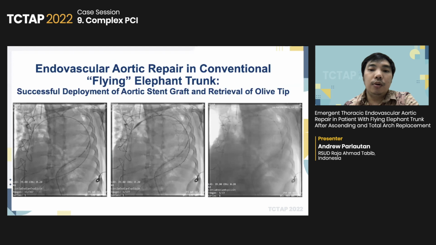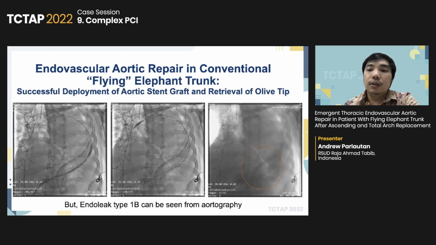After that, we deployed the aortic stent graft. The first one we deployed, and then we retrieved the olive tip. But we can see from the last video that after the first deployment of the stent graft, we can still see the endoleak type 1B.